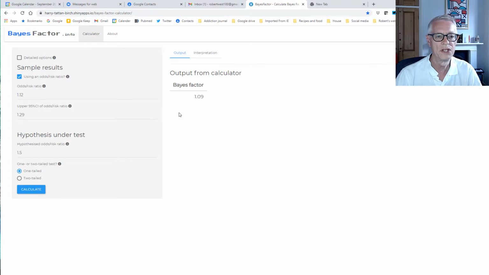If we had wanted to conclude, as the authors did, that the null hypothesis was more likely than the experimental hypothesis, and with a reasonable degree of certainty, then you'd really want a Bayes factor certainly less than 0.3.